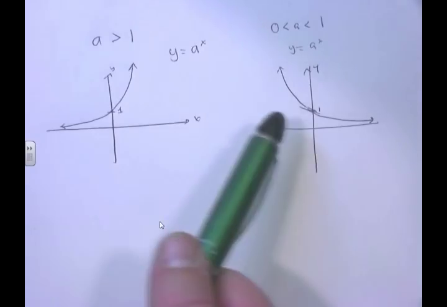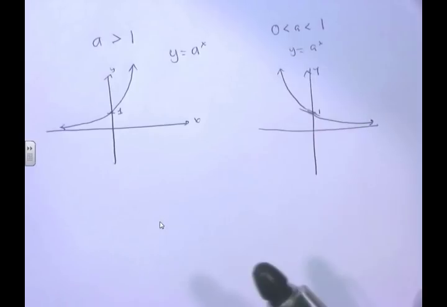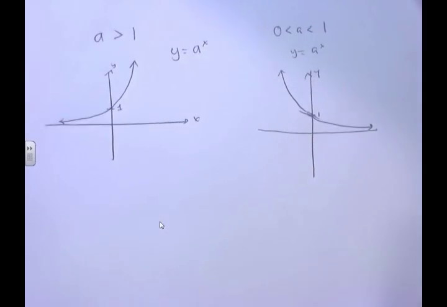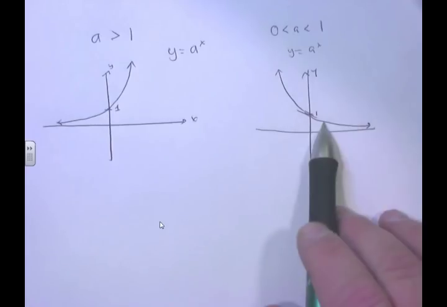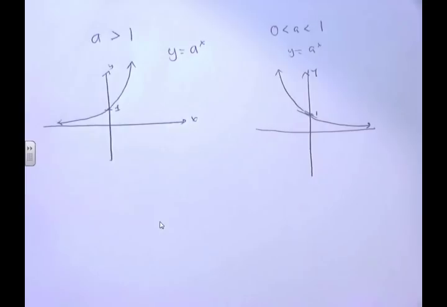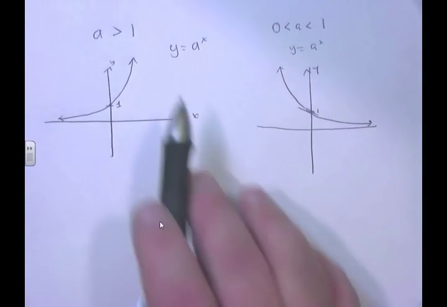We would call this a decay graph. So when you want a decay graph, you want your base to be a fraction, somewhere between 0 and 1, because that's going to make, as x gets bigger, the amount get smaller and smaller and smaller going towards 0. Does that make sense? This is a decay graph. This is a growth graph.